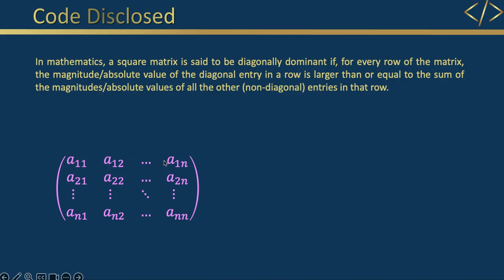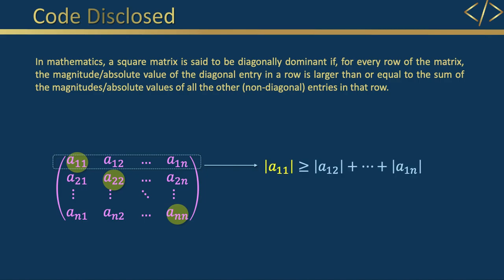For example, in the first row, the diagonal element is A11. In the second row, the diagonal element is A22. For the final one, the diagonal element is Ann. So let's start row by row. Take the first row: we need to test whether the absolute value of the diagonal element, A11, is larger than or equal to the sum of the absolute values of all the other non-diagonal entries.